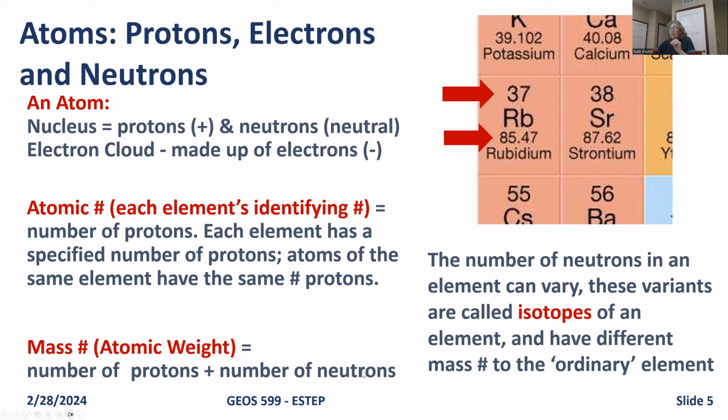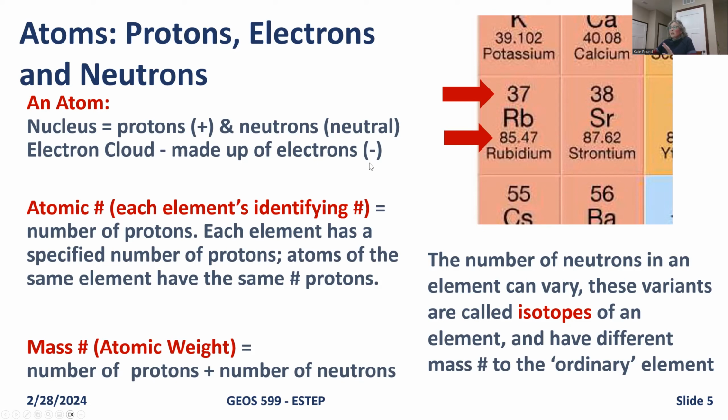When the number of neutrons changes from what it normally is, these variants are called isotopes of an element. And they have a different mass. That's because neutrons have weight and protons have weight. And so if you have more or fewer neutrons in your atom, you're going to change the atomic weight.